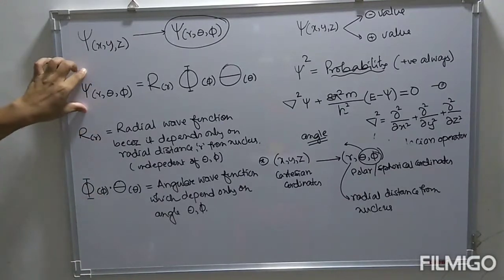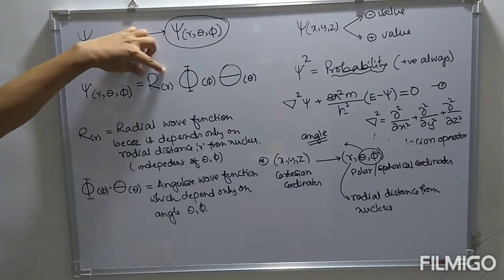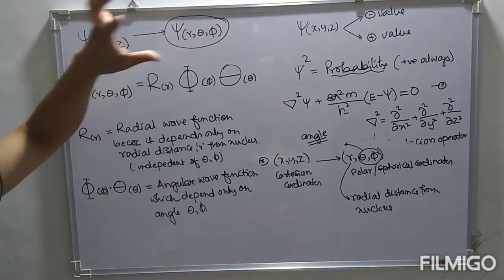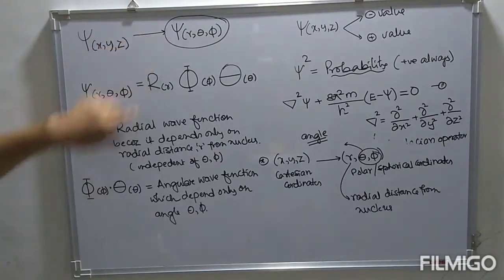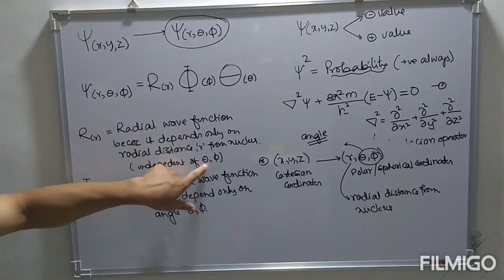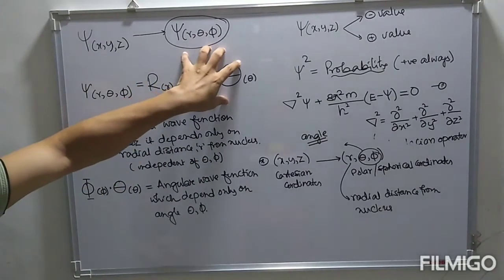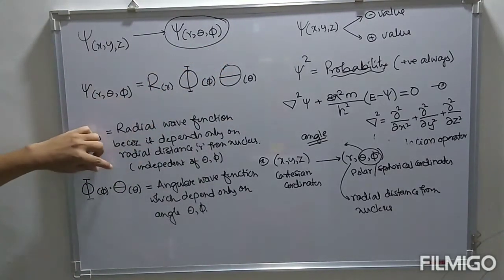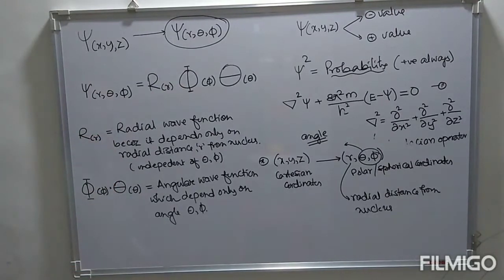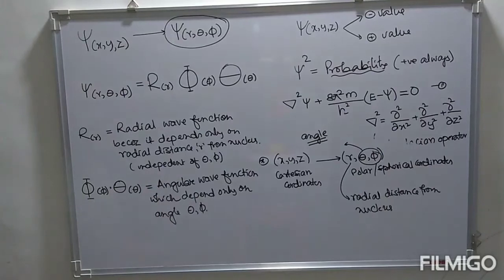So the total wave function can be split into the product of the radial wave function and the angular wave function. The radial wave function depends only on the radial distance r from the nucleus and is independent of theta and phi. And this part is known as the angular wave function because it depends only on the angles theta and phi.